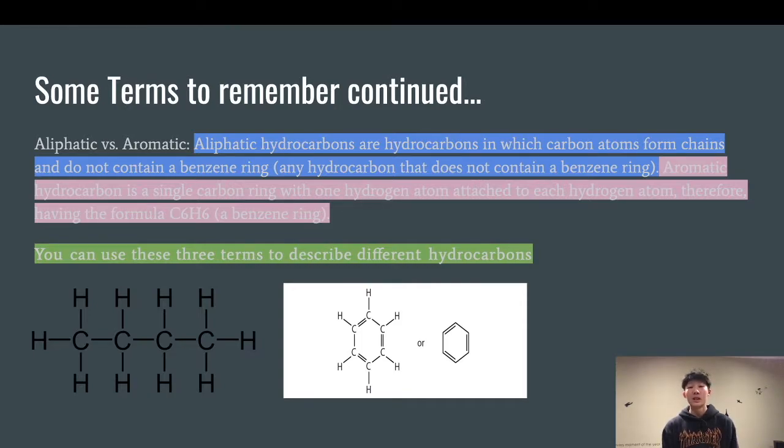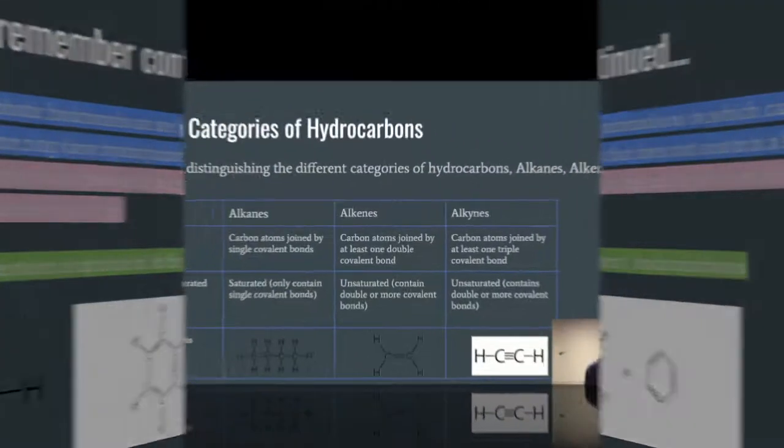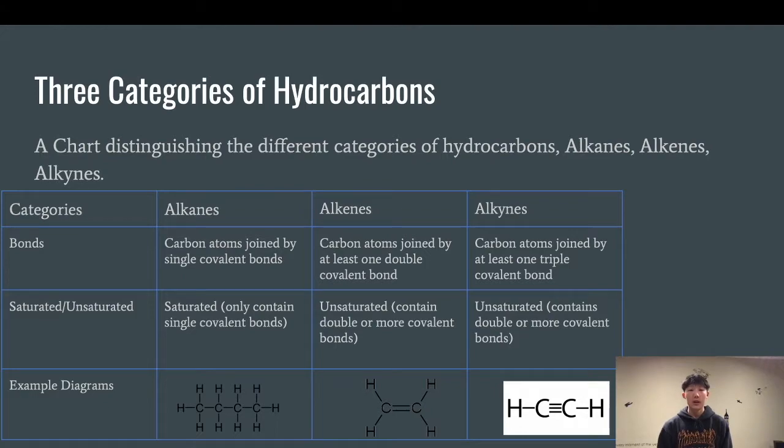So they're pretty much just any hydrocarbon without a benzene ring, which is what it's called. And aromatic hydrocarbons are hydrocarbons where their carbon atoms all form to make a sort of circle shape, which is called a benzene ring.